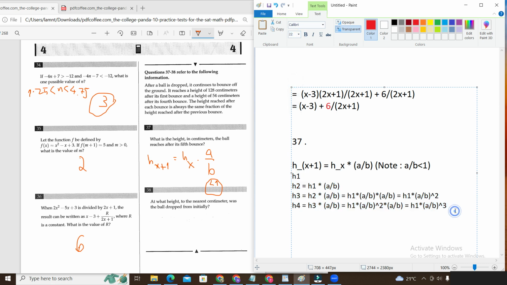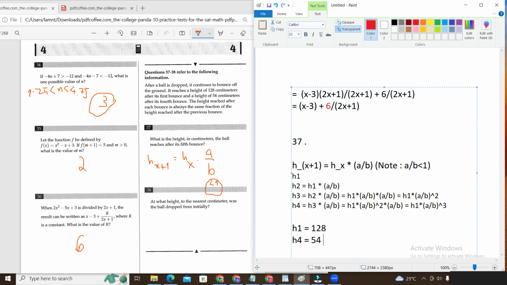So h4 is h1 times a over b cubed. We also know that h1 is equal to 128 centimeters, and h4 is equal to 54 centimeters.